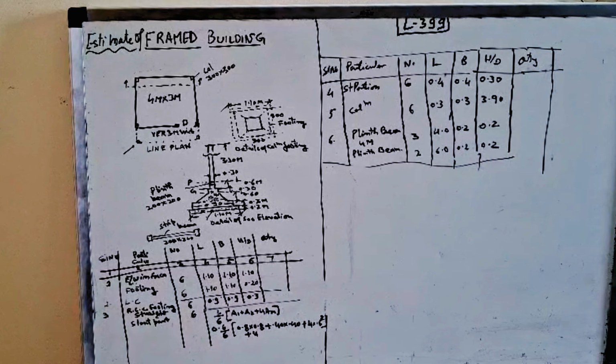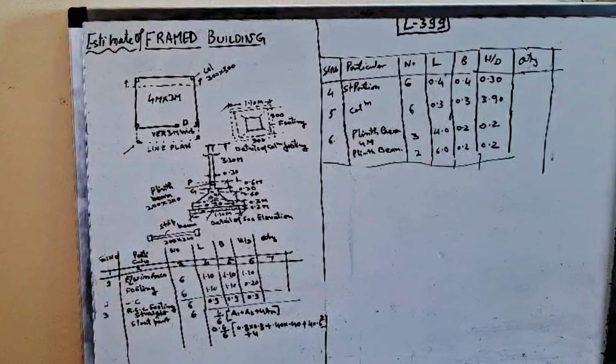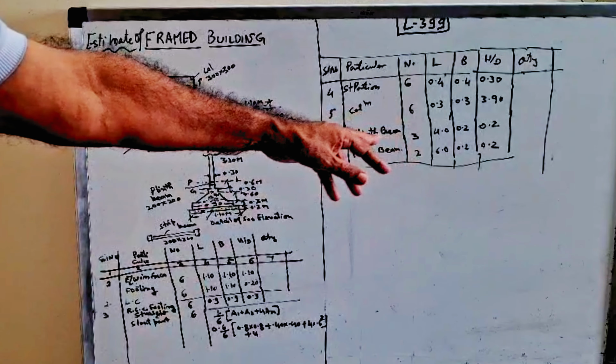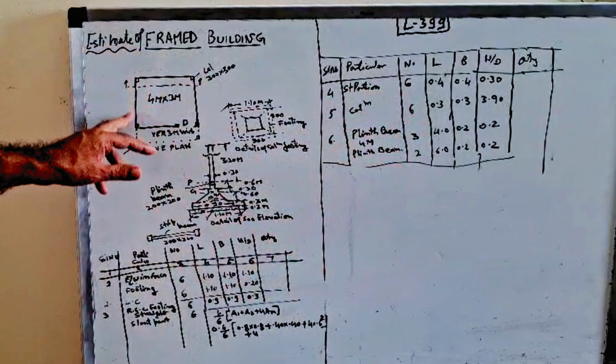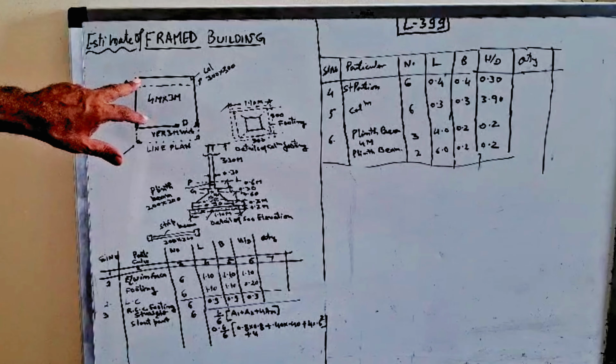There are some very minute deductions you can have at the column juncture or somewhere else, where we have taken straight widths of 4 and 6 meter. Instead of 4 and 6 meter, you can have deduction of this column. So you can deduct the column spacing.